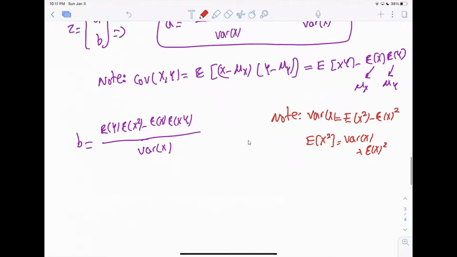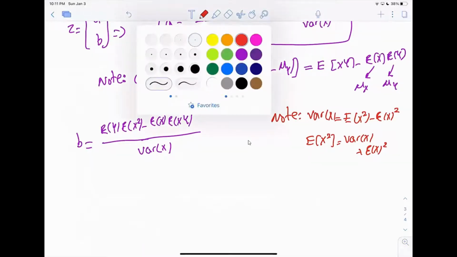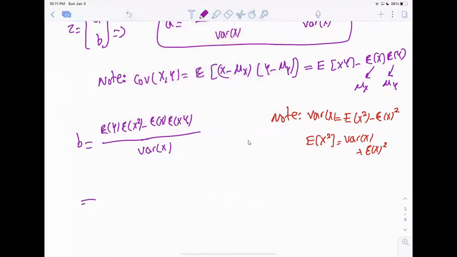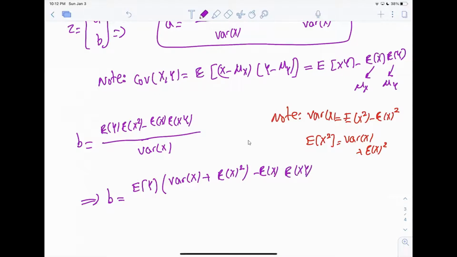Let's apply this to the numerator. Therefore, b is equal to E[y] times (variance of x plus the square of E[x]) minus E[x] E[xy], divided by variance of x.